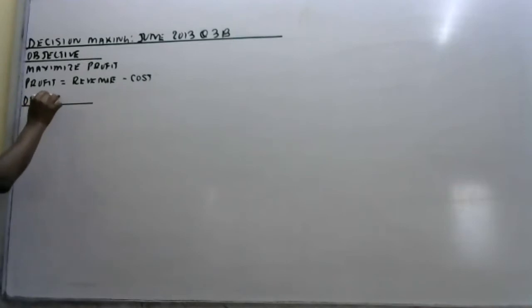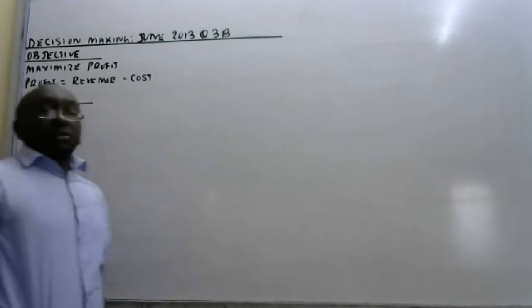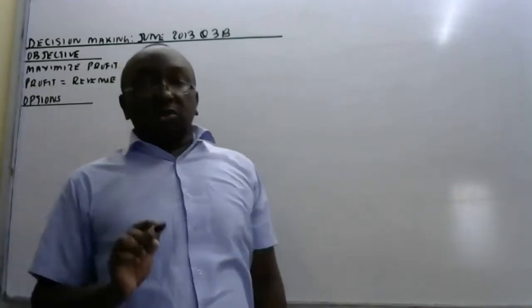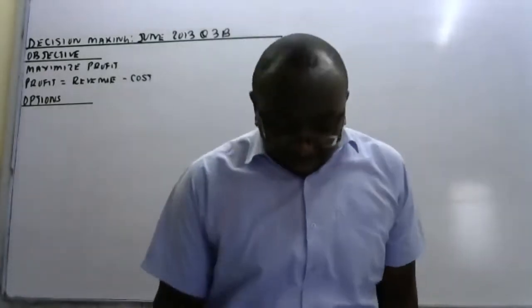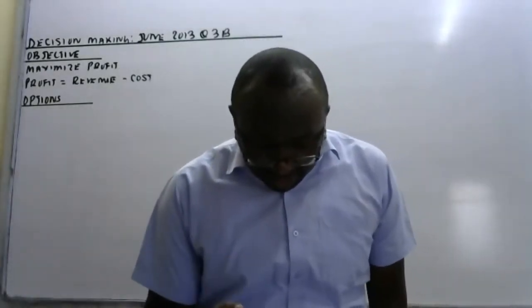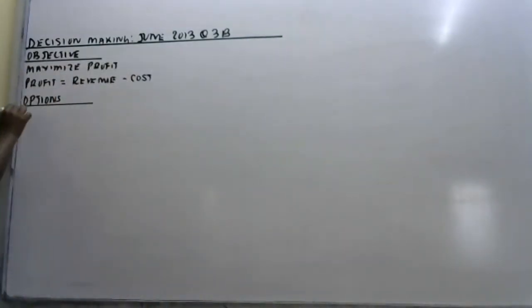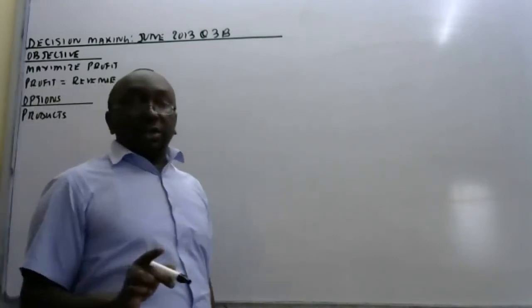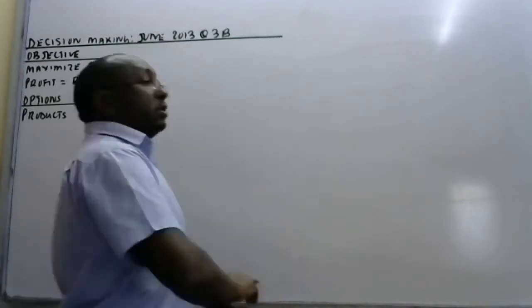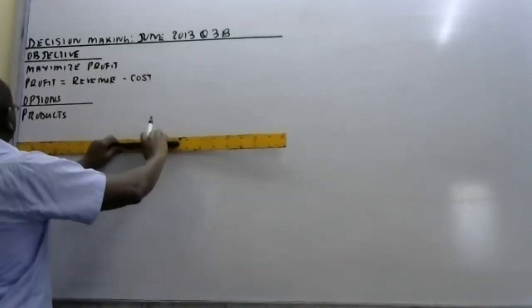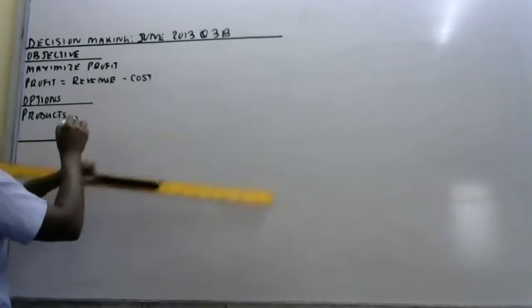That's the first step. The second step is to know what are the options. Options are what you can control. So in this question, the options available are the products. Which product to produce is within the control of the decision maker. Step number 3, you identify the outcomes.